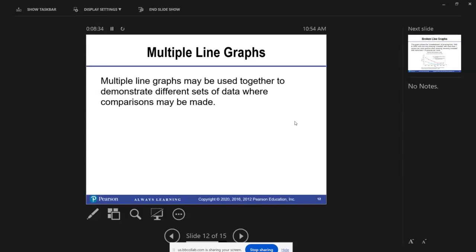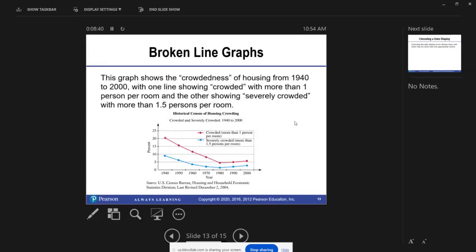We can also use multiple line graphs together to demonstrate different sets of data where comparisons may be made. So here's an example. We've got a graph that shows the crowdedness of housing from 1940 to 2000.